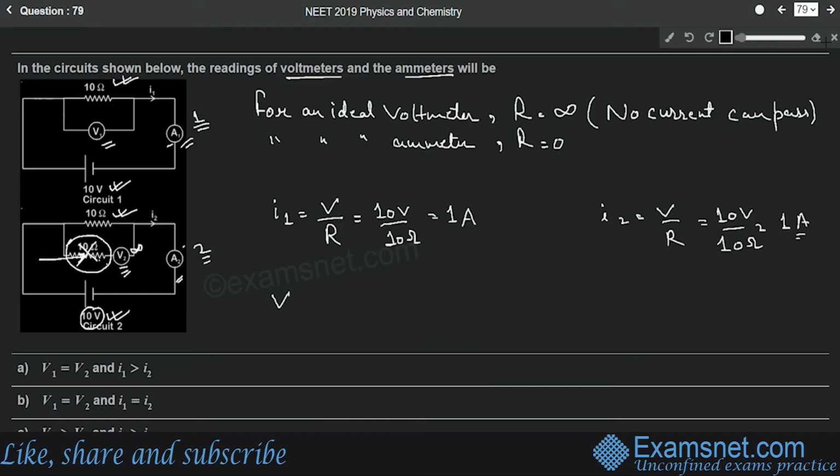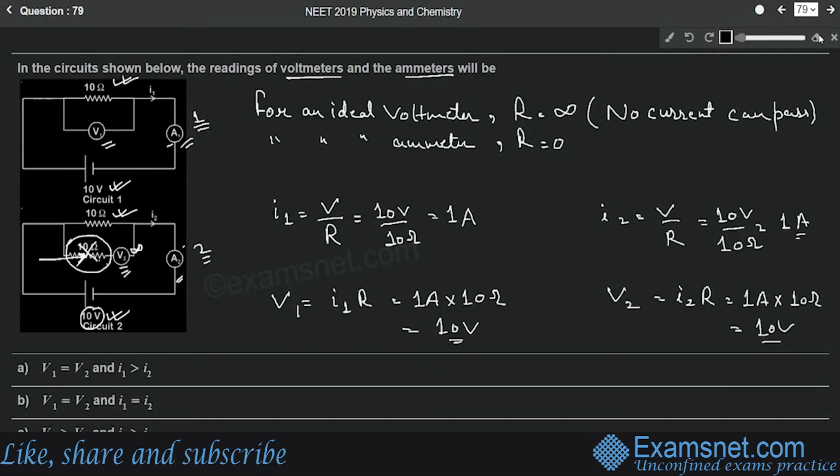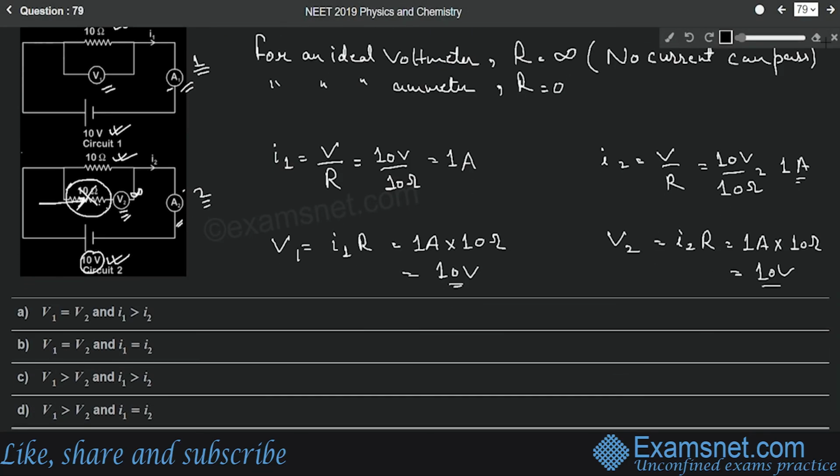Still, let's find it: V1 is I1 into R, I1 is 1 ampere, R is 10 ohm, so it will be 10 volt. Similarly, V2 is I2 into R, I2 is 1 ampere and R is 10 ohm, so again we get 10 volt. That means V1 and V2 are the same and I1 and I2 are also the same. So which expression is correct? Option B: V1 equals V2 and I1 equals I2.